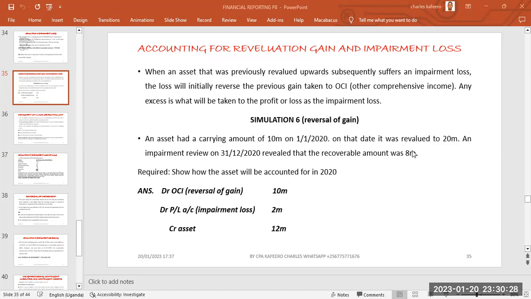So today the main question is going to be about the basics. It's going to be our simulation 6, where we are going to be looking at that scenario where we have a revaluation gain in the previous year, but in the current year, the asset is going to be impaired. We want to see where we are going to be recording these values.